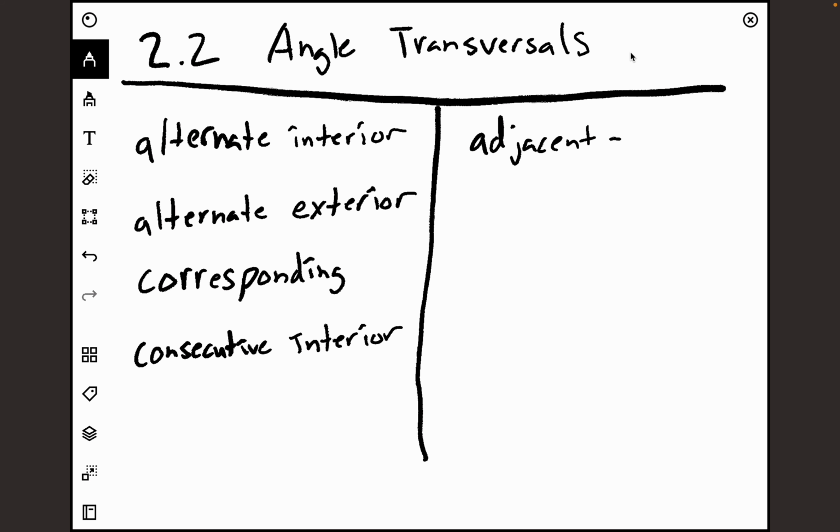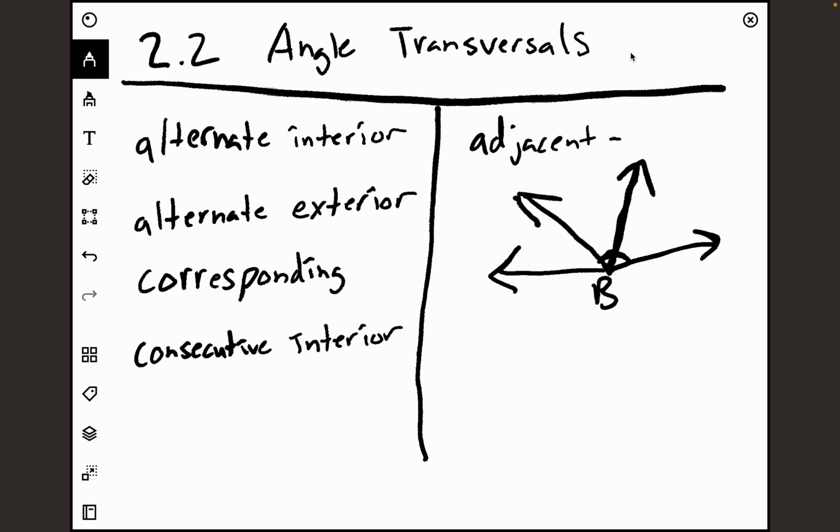So like this would be an example of two adjacent angles. They share this side right here, and then they share the one big vertex. Because if this was B right here, then both those vertexes would be B. Like let's say there's an angle here. Well, they all have the same vertex, but not all the angles share the same side. So they would have to share the same side in order to be adjacent.